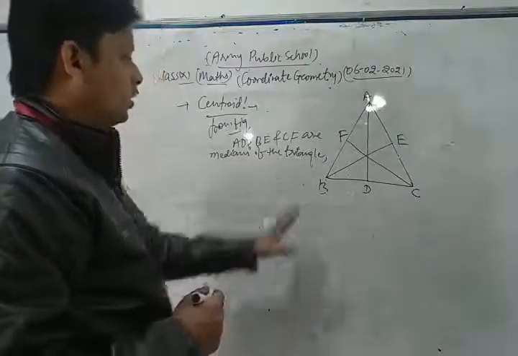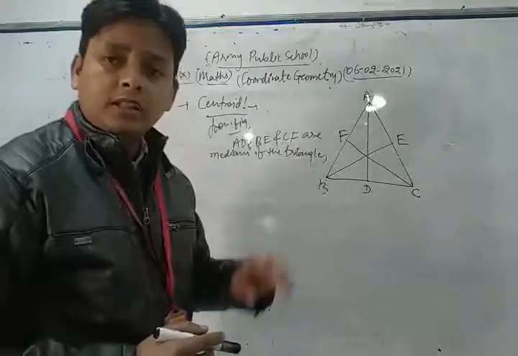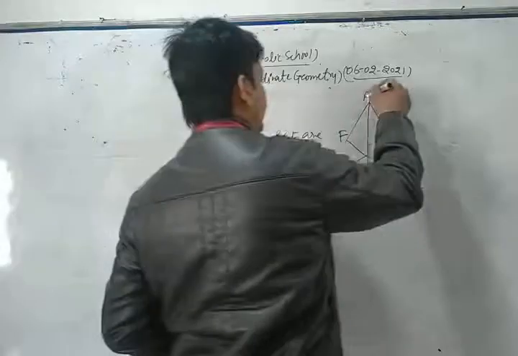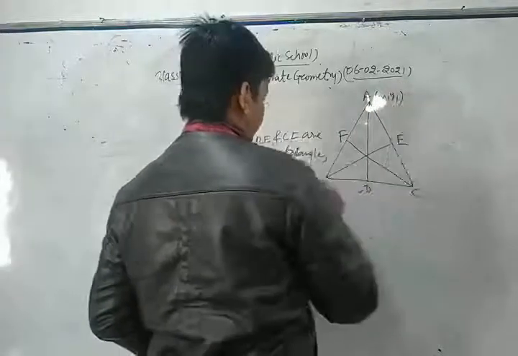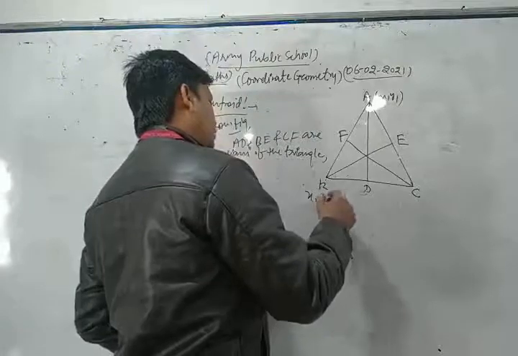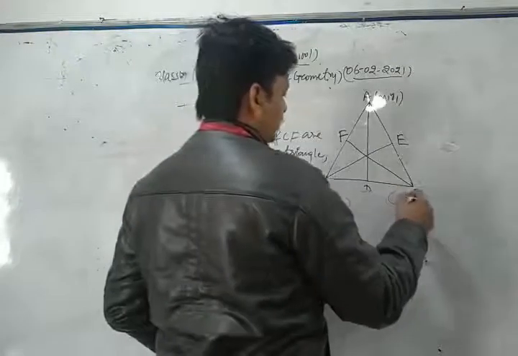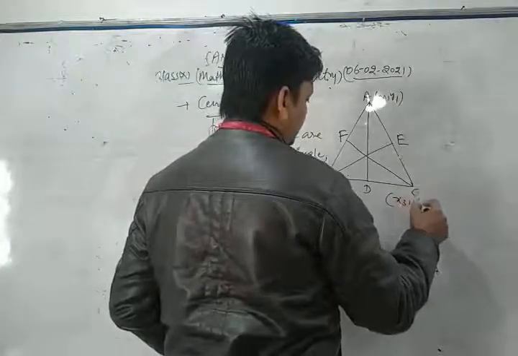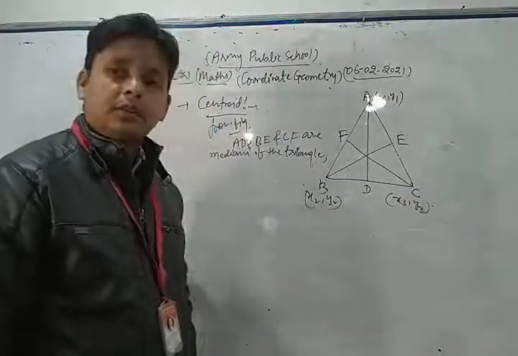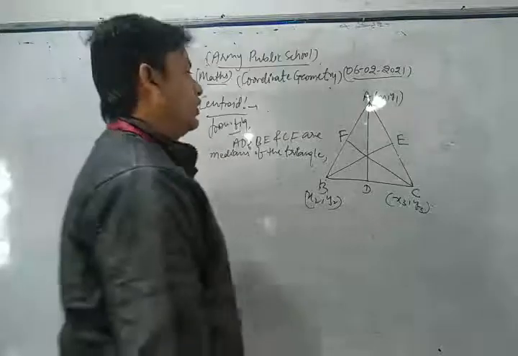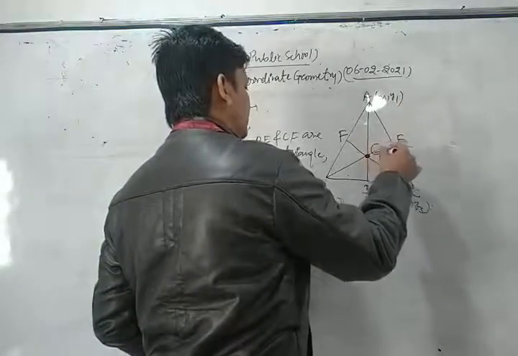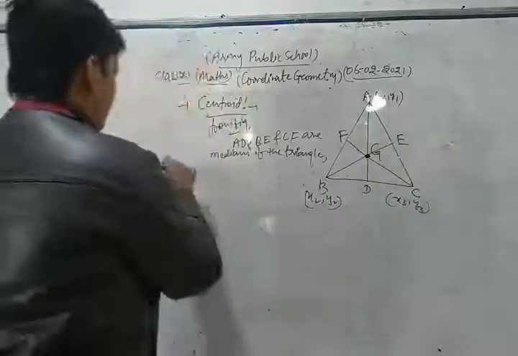Now in that particular figure, first of all we take the coordinates of A as x1, y1, the coordinates of vertex B as x2, y2, and the coordinates of C as x3, y3.